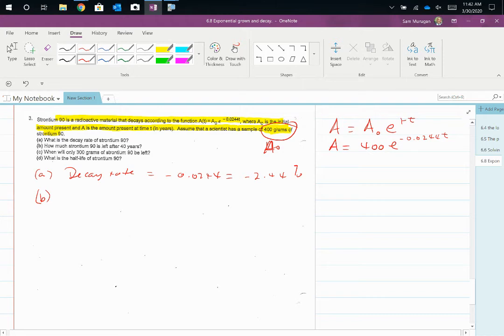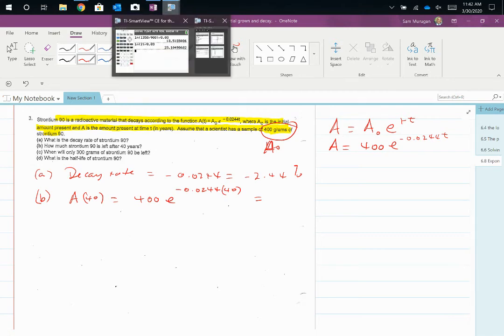How much strontium is left after 40 years? So A40 is 400 e to the power negative 0.0244 times 40. Round this to the nearest whole number.